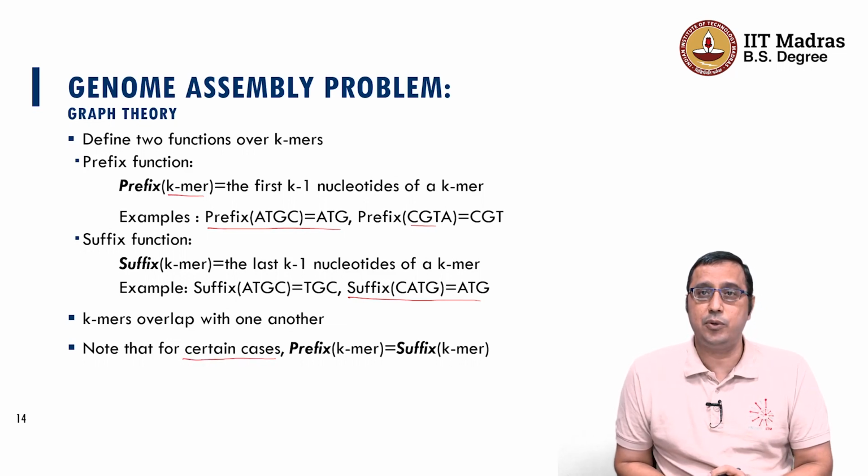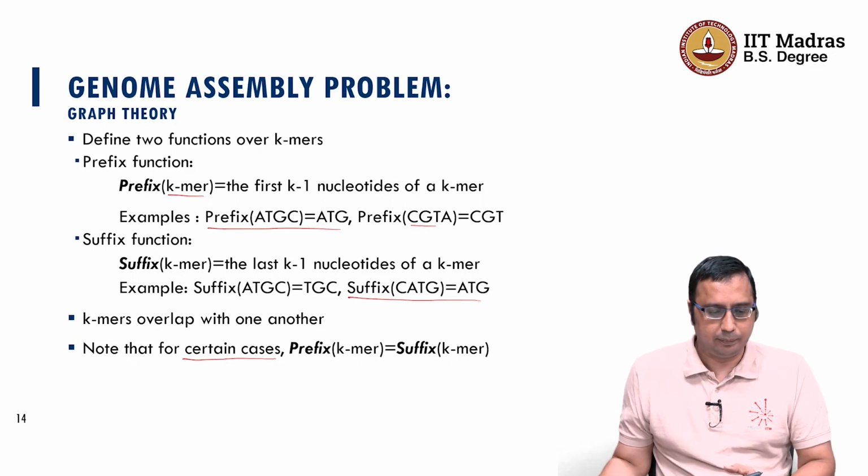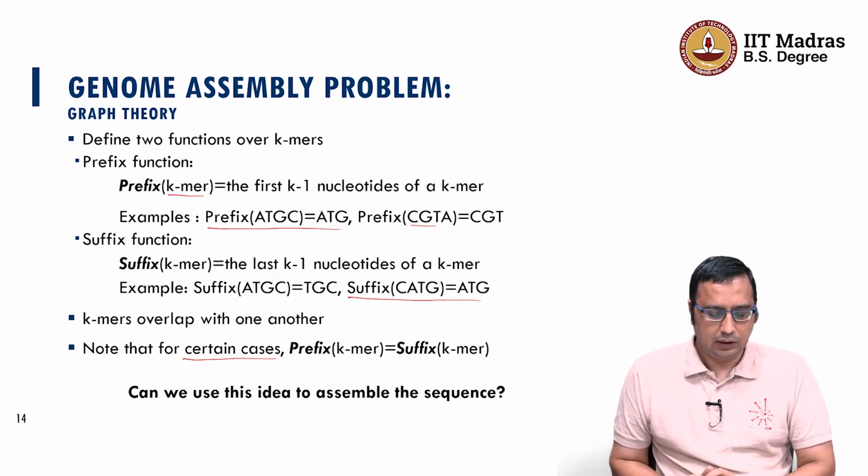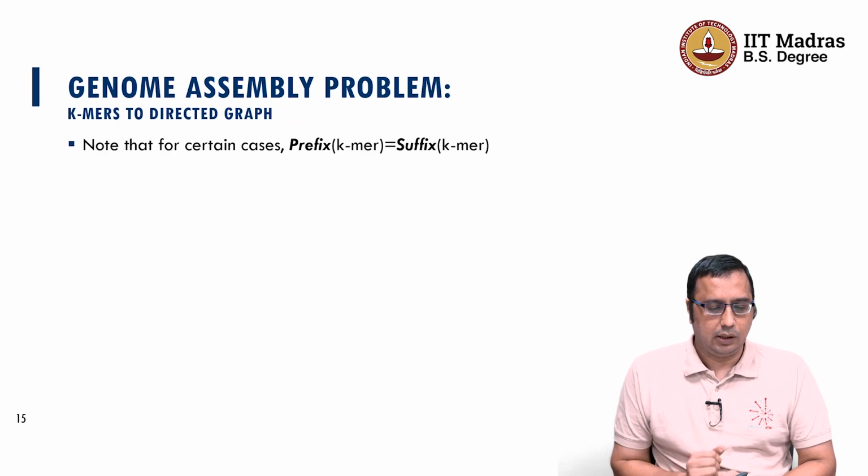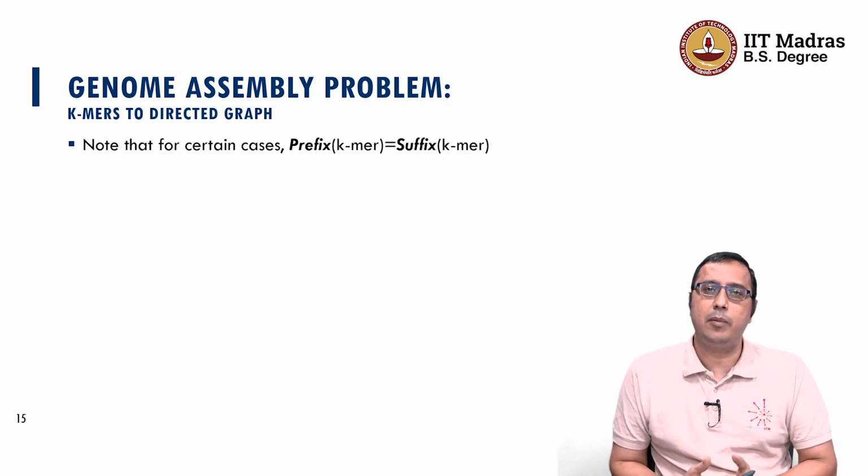Now, the question is, can we use this idea and extend it to develop a better algorithm to sequence or assemble the sequence? How can we go from k-mers to a directed graph?